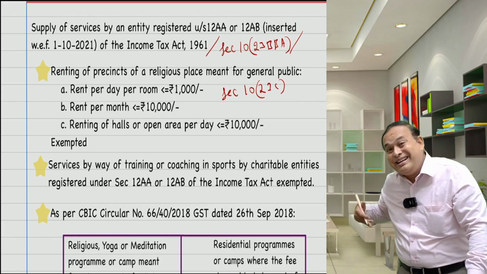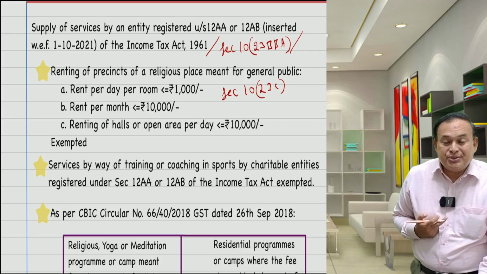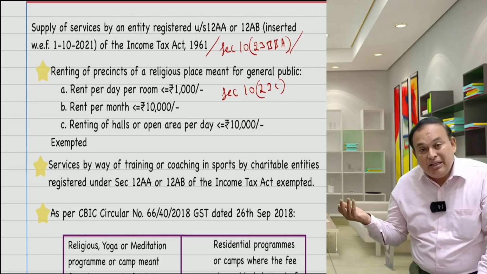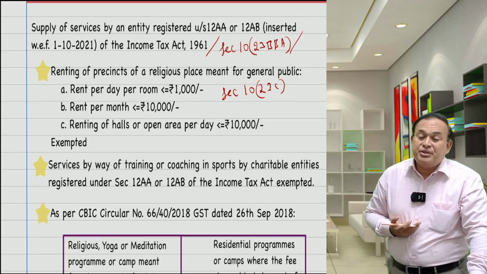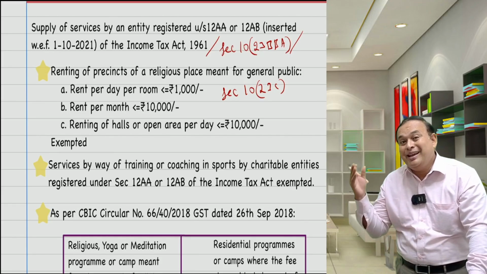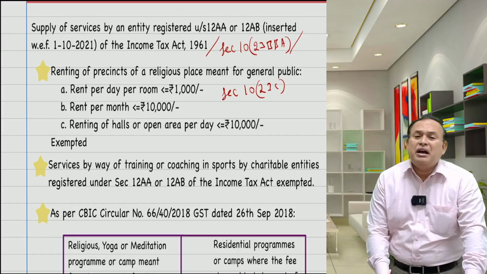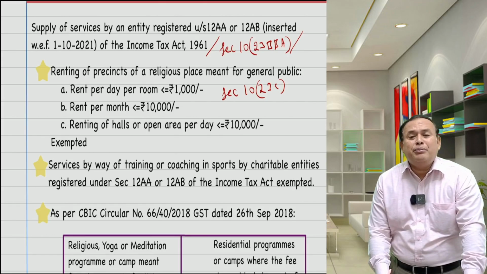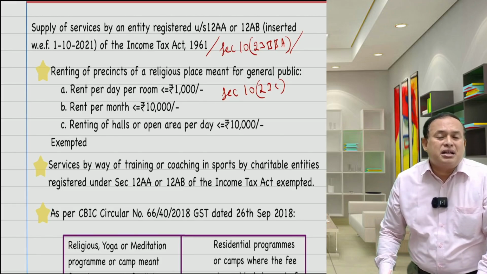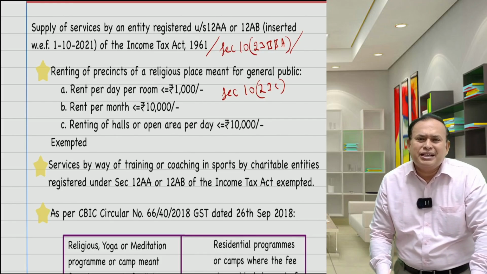When you come to renting of precinct by a religious place for any commercial purposes, where that particular religious place is registered under the Income Tax Act under section 12A, 12AB or section 10(23BBA) or section 10(23C) sub-clause 5, as the case may be, if they offer their immovable property on a rental basis, where the rent per month is less than or equal to rupees 10,000, it is exempted.